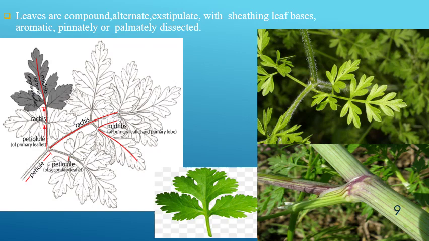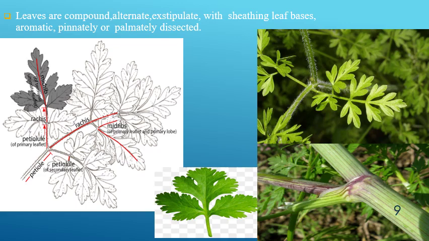In the case of the Apiaceae family, leaves are pinnately compound or palmately compound, lobed, with reticulate venation. These leaves are arranged in an alternate pattern and do not exhibit any stipule, so these leaves are referred to as exstipulate.